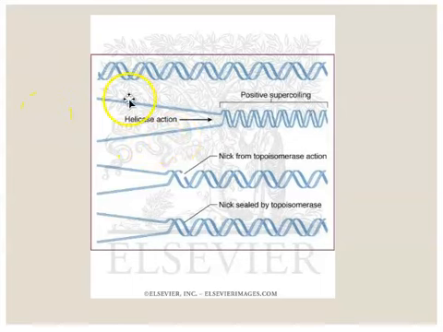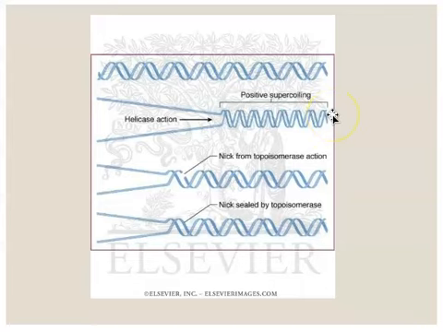So we're looking at sort of half of the replication bubble here. As the bubble separates the strands, as it takes away the coiling here, it adds more coiling over here. This is referred to as supercoiling.